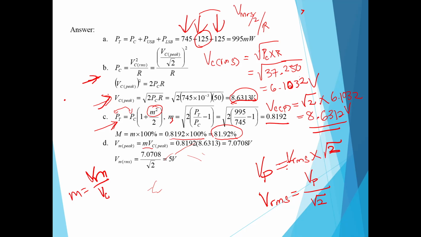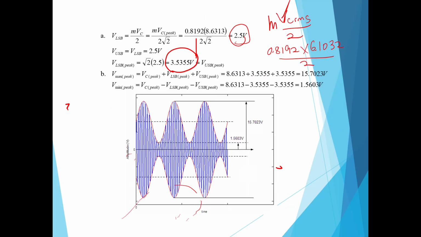So times 6.1032, and then divide with 2, so you get the answer for the RMS value. 0.8192 multiplied with 6.1032 divided with 2, so you get 2.4998 or 2.5. Okay, for the RMS value of the VUSB VLSB.